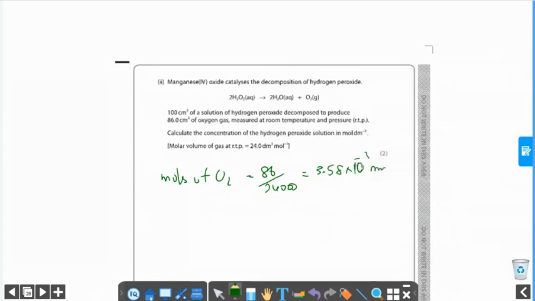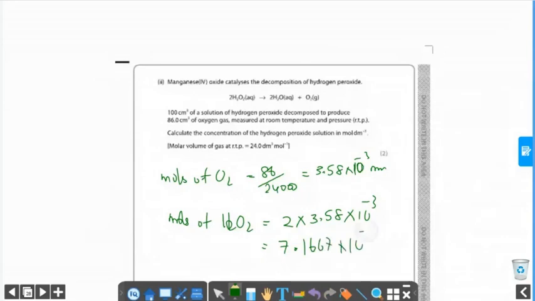Hope your paper also will be an easy paper like this, right? Moles of hydrogen peroxide will be 2 times this, because of the 1:2 molar ratio. Many O-level questions here, right? So what's the concentration? Number of moles in 1000.